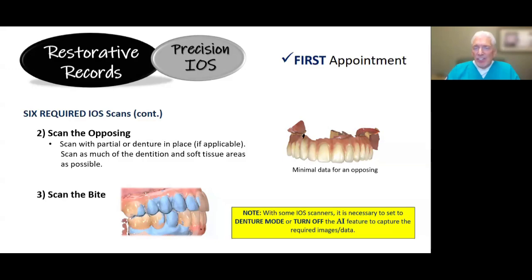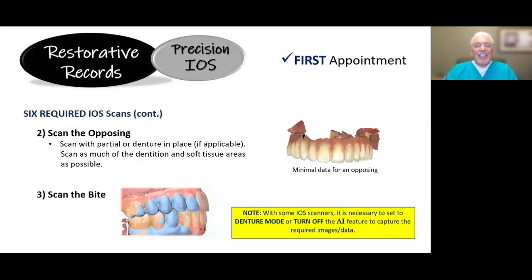Some of you may have some older iOS scanning units, and what we're finding is that when we're asking for larger data, when you're making these larger scans, the systems keep deleting it when you hit submit or process. If you're having those problems, you might need to set your scanner to denture mode, or some people found it beneficial to just turn off the AI feature, because the AI is thinking you're only doing crown and bridge.